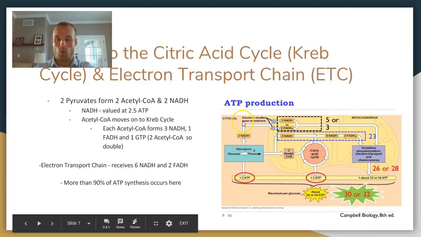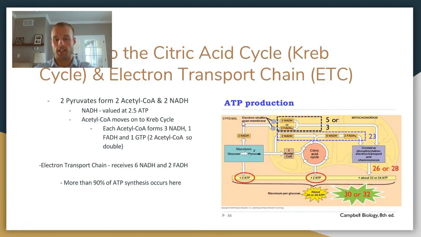That is because when the original 2 NADH from glycolysis get transferred into the mitochondria, it depends on what type of shuttle they're getting transferred in by. If it's an FADH2, it's only going to net 3 because the FADH2 is worth 1.5 on average ATP. If it goes in by the NADH, it'll be 5 because that's 2.5.